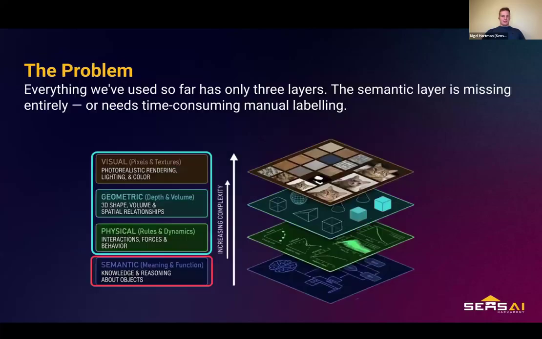But there's one layer which was missing for a long time, and that is the semantic layer, understanding what is really inside of the splat. So not just visually, but really getting positions of different elements inside of the splat, combining this information into logical workflows, use cases, etc.